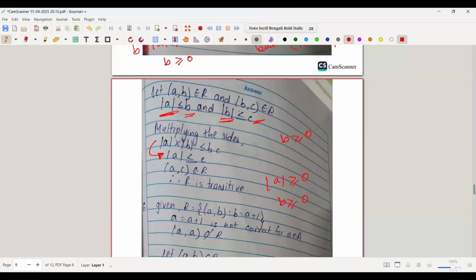So mod B is basically equal to B. That is why you can cancel mod B and B. So you have to write another line here: mod A into B is less than or equal to B into C, because mod A is less than or equal to B, and mod A is greater than or equal to 0, that means B is greater than or equal to 0. Okay, so this is transitive.